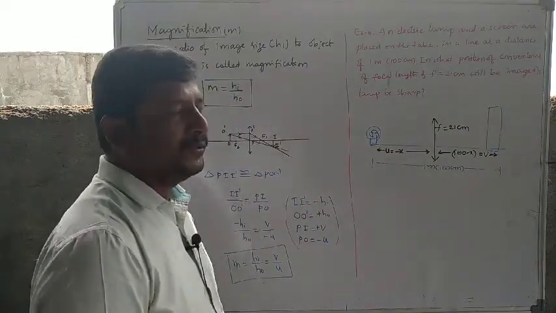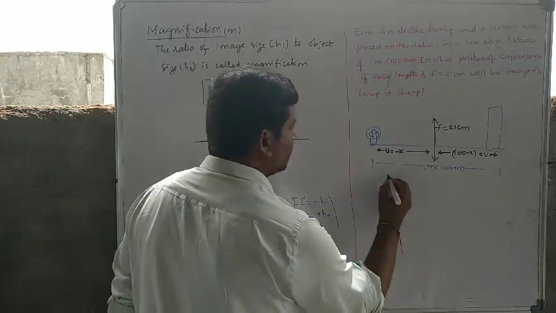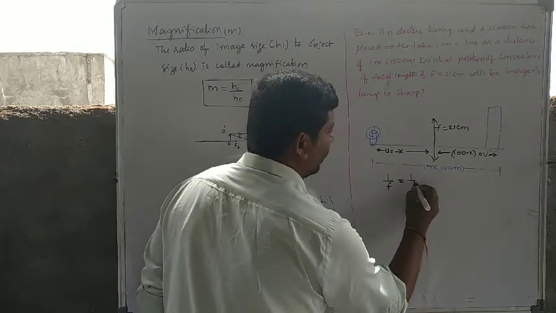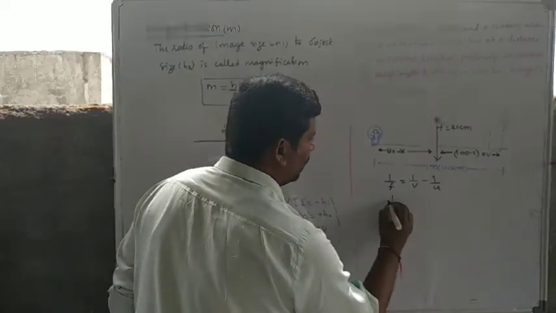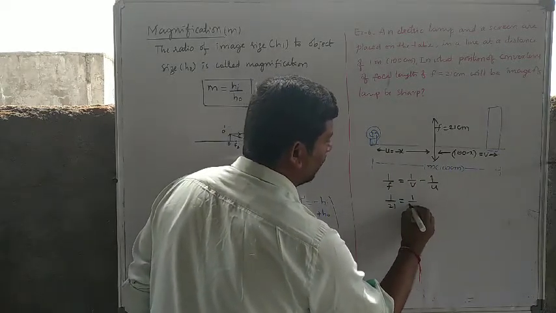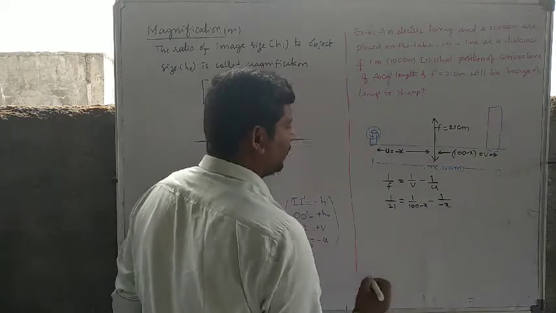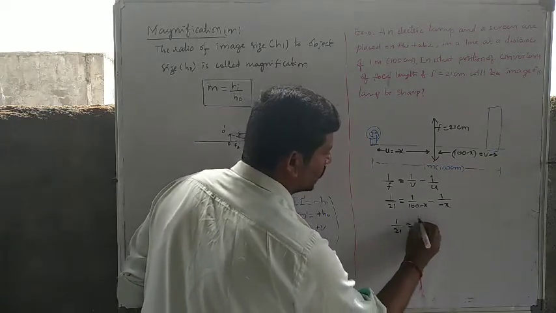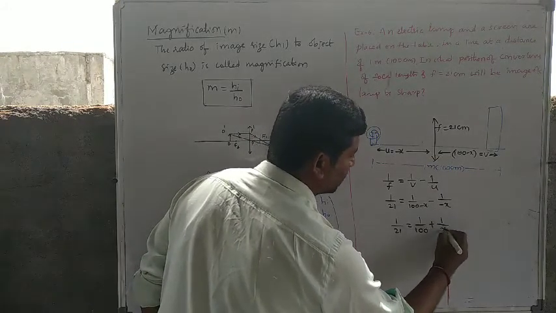Let us substitute these values in the lens formula, that is 1 by f equals 1 by v minus 1 by u. So 1 by 21 equals 1 by (100 minus x) minus 1 by (minus x), which is 1 by (100 minus x) plus 1 by x.